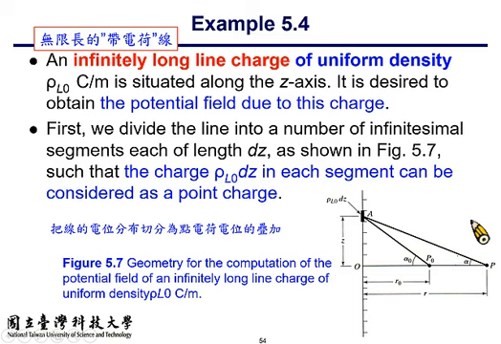So we place a line along the z-axis, and the charge line is infinitely long, so it extends from minus infinity to positive infinity along z. And we would like to know what is the electrical field established with this line charge distribution.